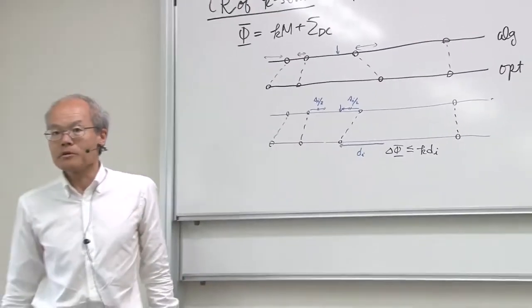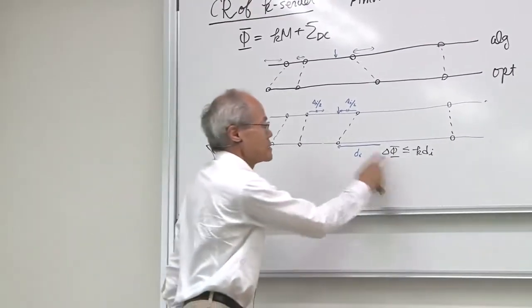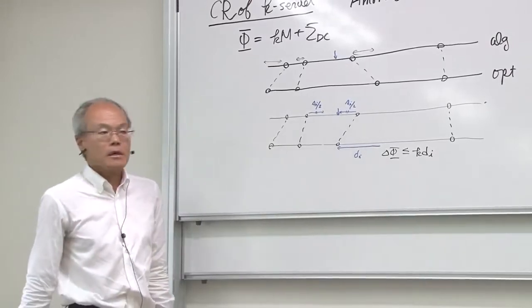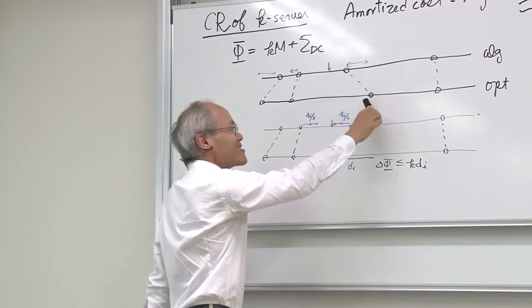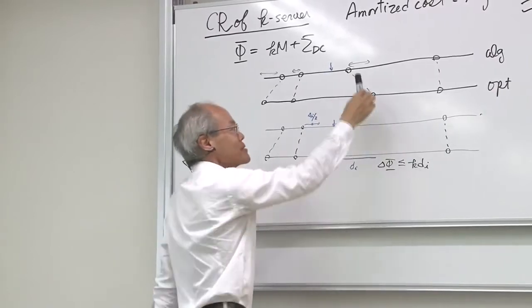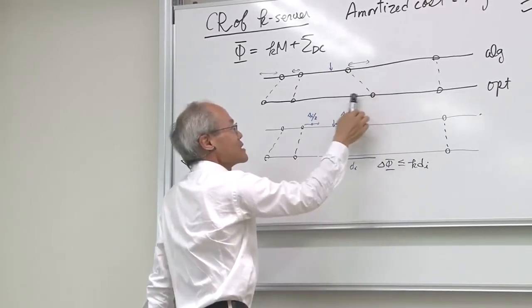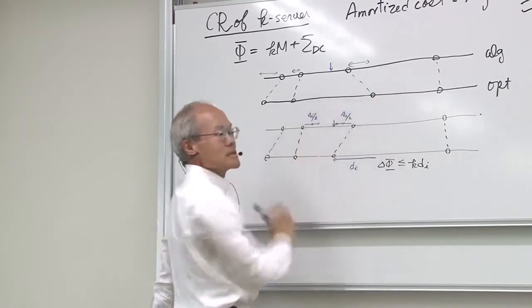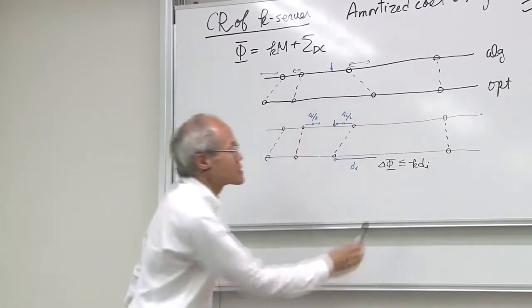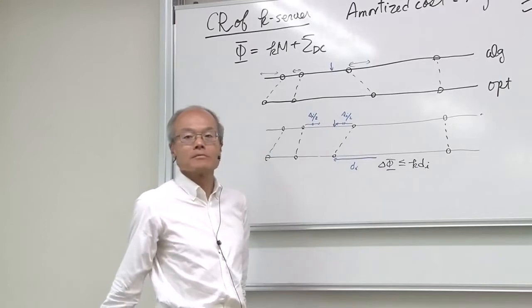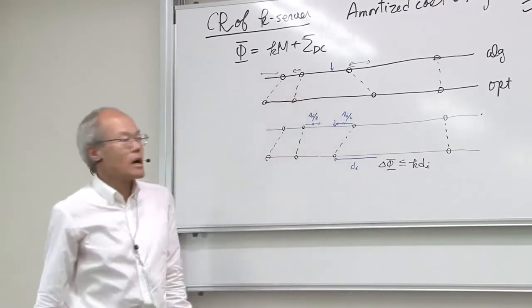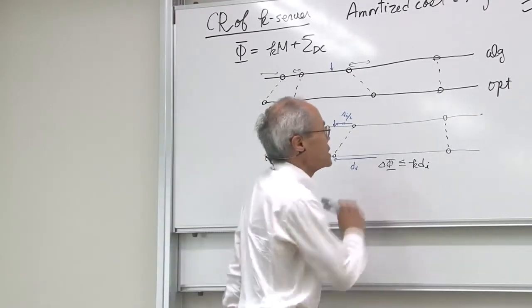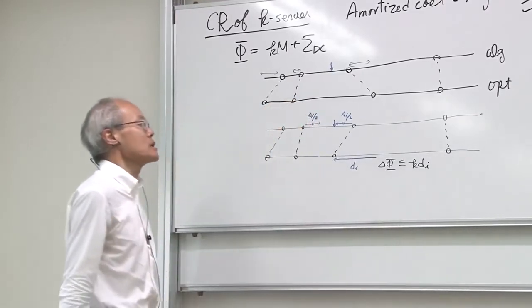In this case, obviously, this matching increases, by at most di. That means we have a coefficient of k, so delta psi increases at most k times di.